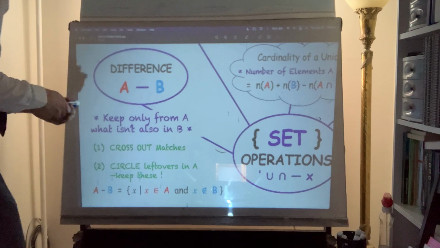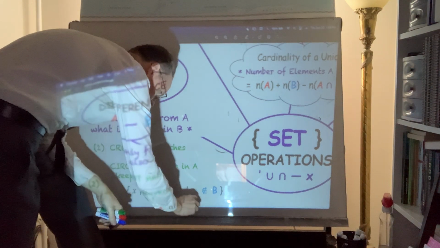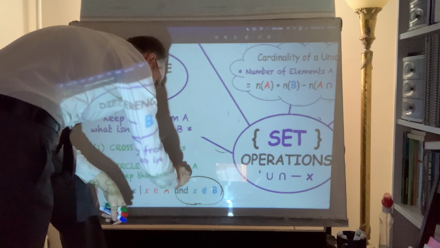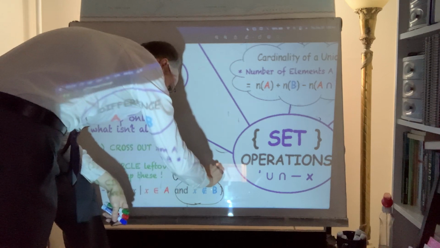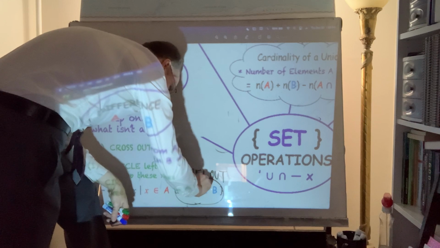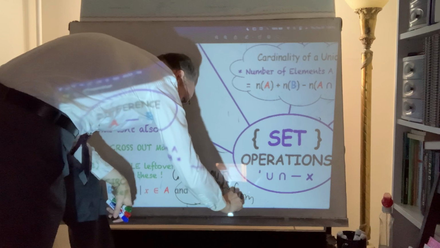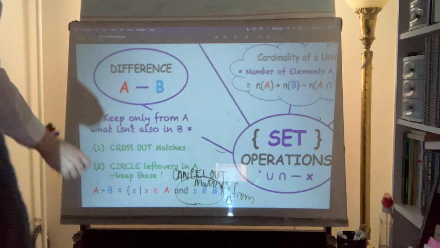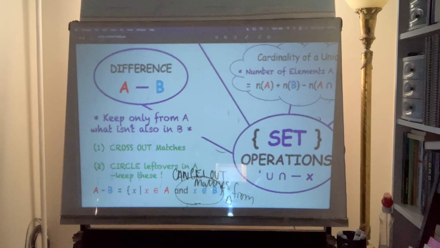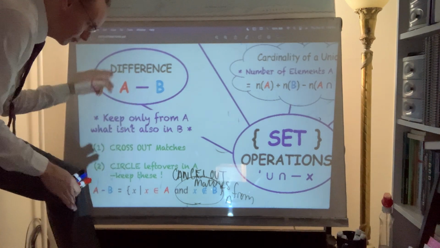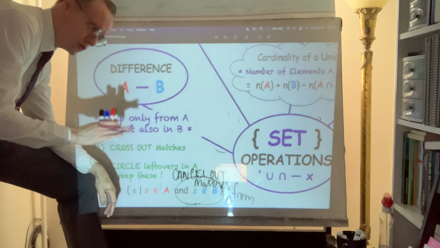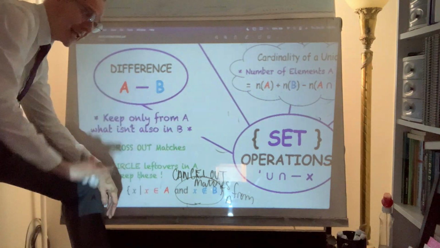What this is essentially indicating is that you're going to cancel out matches from A. So it's different from complements, because when you're dealing with a complement, you're dealing with things that are not A to begin with.